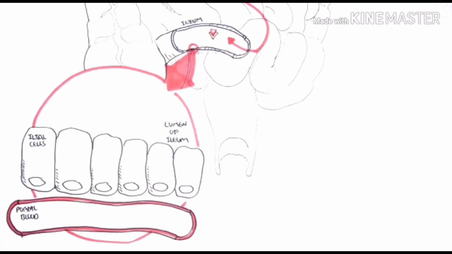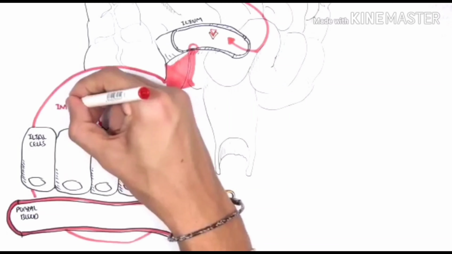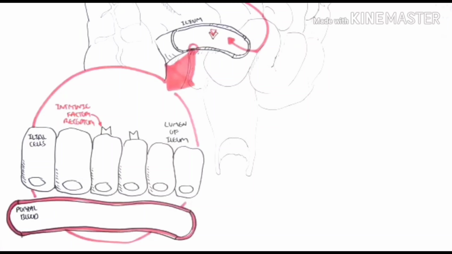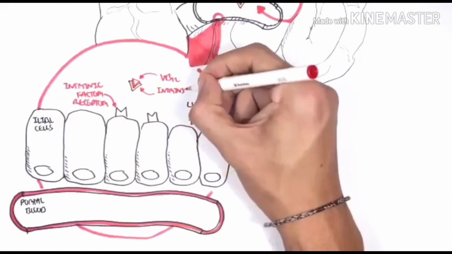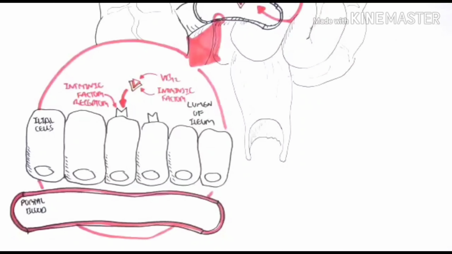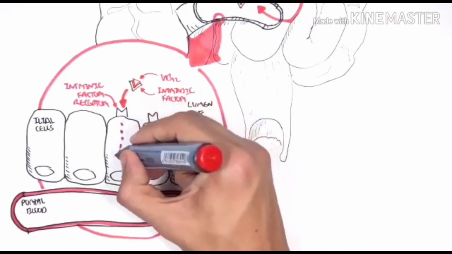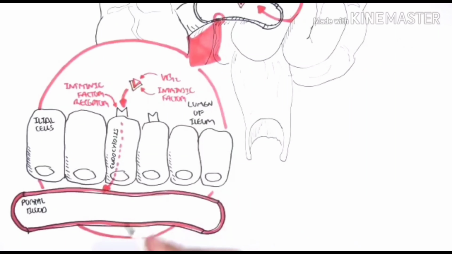The intrinsic factor vitamin B12 complex attaches to the intrinsic factor receptor on the ileal cells and gets absorbed into the portal vein, into the blood plasma.